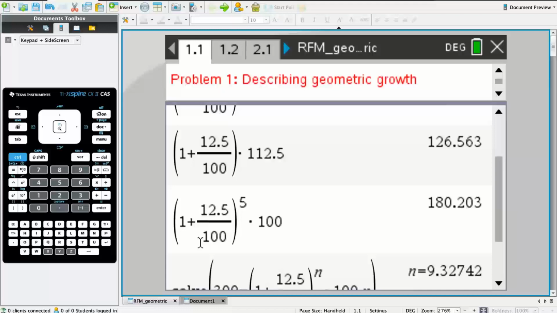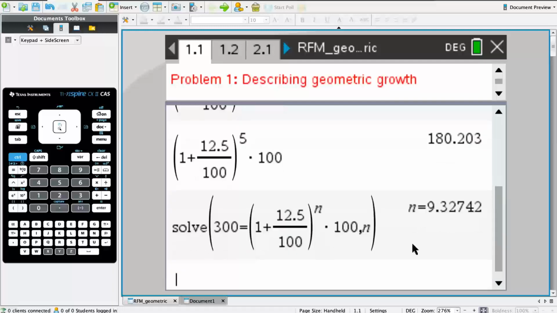And then the final question in here is, how long will it take to triple its height? That is, how long will it take to reach a height of 300 centimetres from its original 100 centimetres? By now, I think you've done enough of these to know that you can use a solve command.